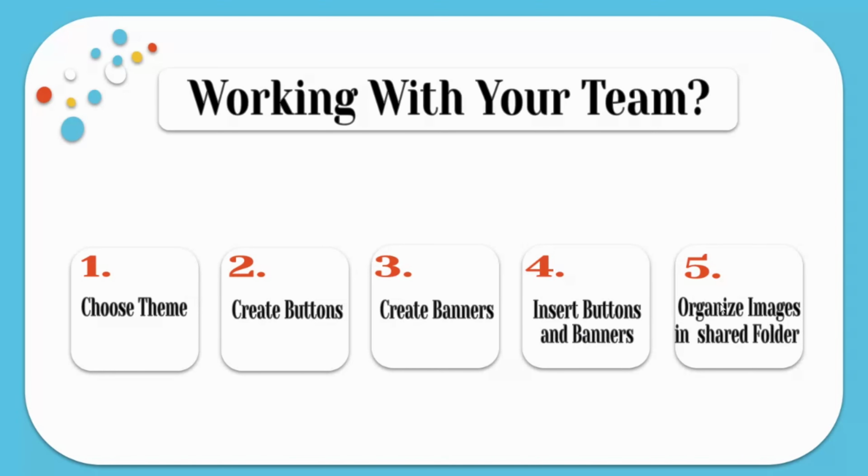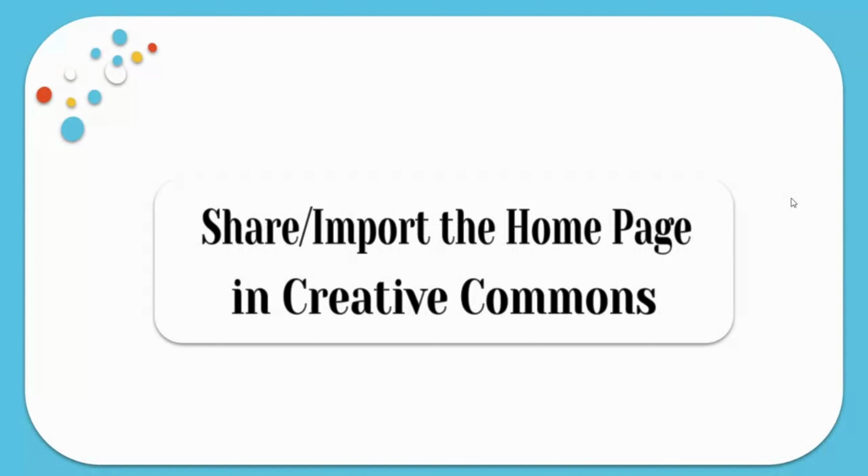Then you'll have another person who can take all the images that were created and organize them into a shared folder so you can access those images and make any edits or changes that you want. Once the homepage is put together, the technology person will share and import the homepage into Creative Commons, where you can then import it into your own course, and your homepage is done.